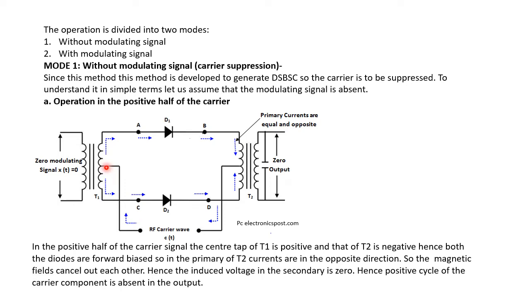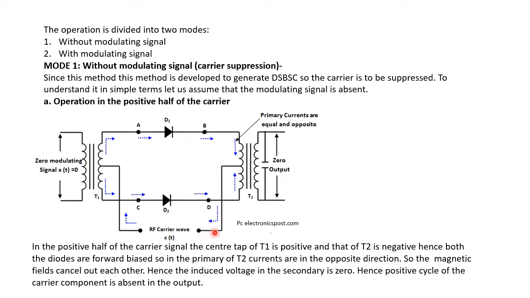When this point is positive, it is evident from the figure that the P terminal of diode D1 is connected to positive, and the P side of the diode D2 is also connected to the positive potential, and the other end of the points across which the RF carrier wave is connected is negative.